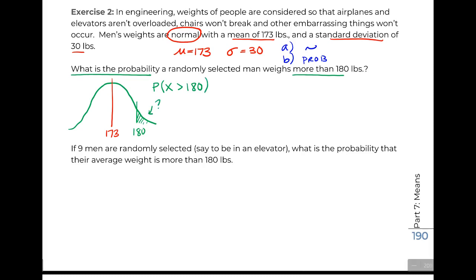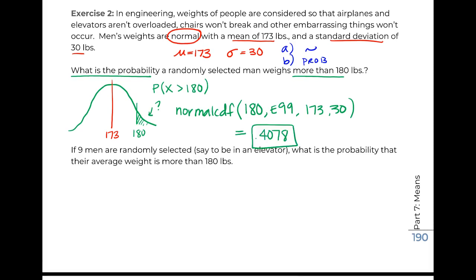So if I was to do this question, I'd be using normal CDF because we're looking for an area under our normal curve. Lower bound of 180, upper bound of E99, mean of 173, and a standard deviation of 30, which ends up being a probability of around 41%.